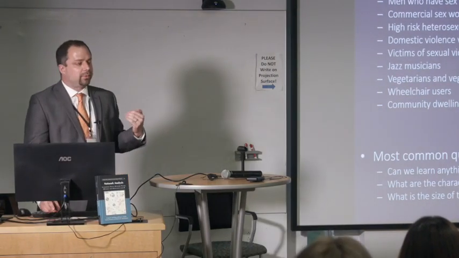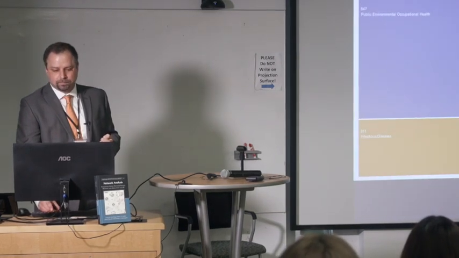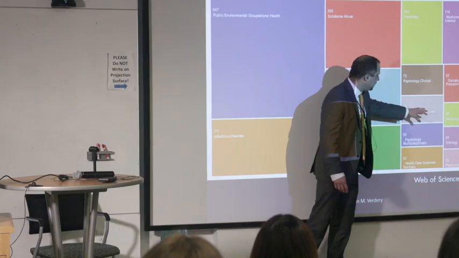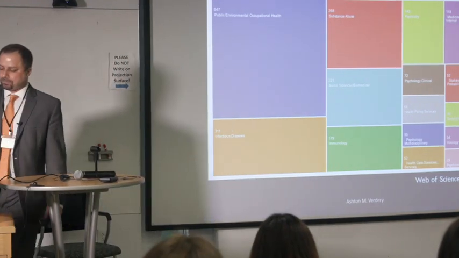There's also a subset of questions seeking to estimate the size of the population. As I mentioned, RDS is mostly used in the health fields, so public health, infectious disease, and substance use make up the bulk of it. But there is some work in other areas, including sociology, psychology, and things like that.